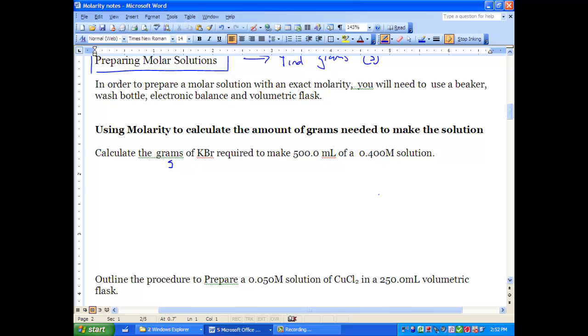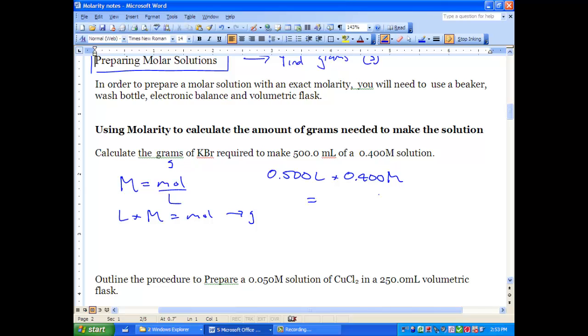We need to find grams. So if big M is moles over liters, you can rearrange that to get liters times molarity equals moles. And then from moles, you can convert into grams. So we have liters and molarity in the question. 0.500 liters times 0.400 molar gives us moles.